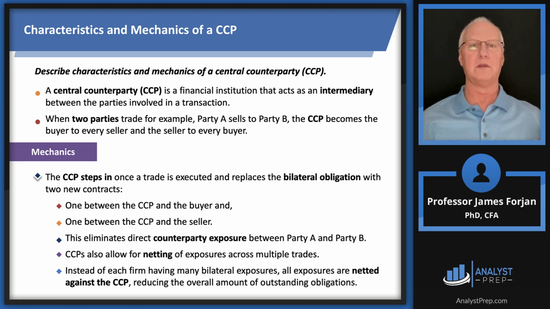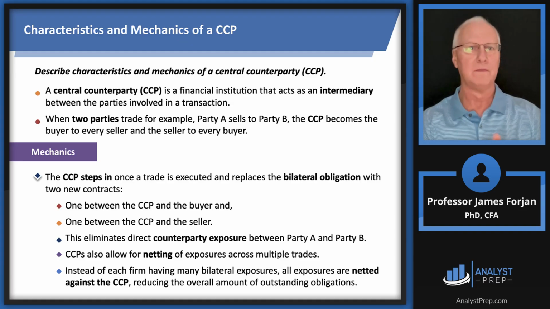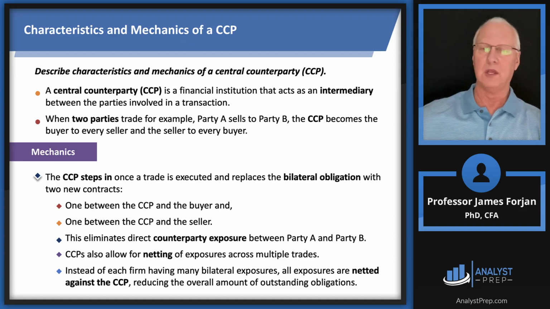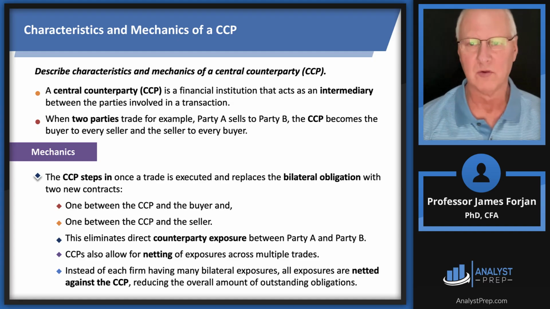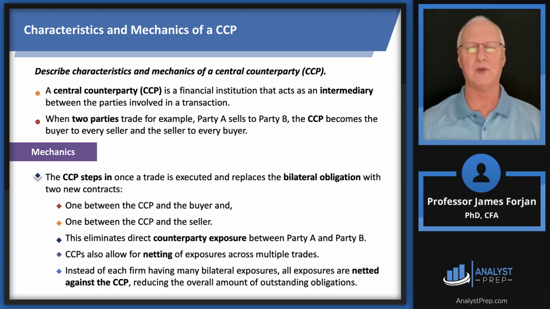Now, when the central counterparty is created and arrives at the scene, from a legal standpoint, that CCP has to say something like, all right, you two people are trading, but why don't we create two separate legal and binding contracts? So the CCP will have one contract with a long position, another contract with the short position, so that those two contracts replace the one contract.